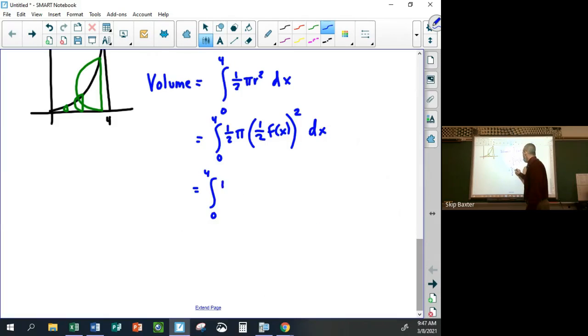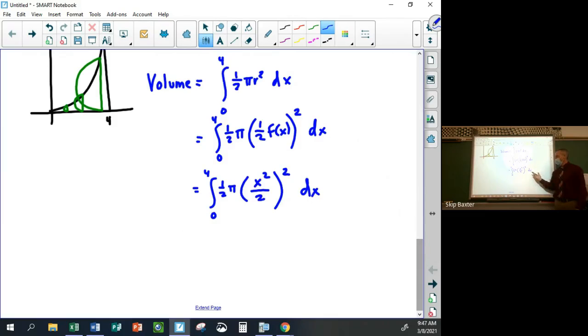Integral from 0 to 4, 1/2 pi of x squared over 2 squared dx. That's the answer. Whatever this integral ends up being, that's the exact volume of that half a cone shaped thing. Everybody understand what I'm doing here?